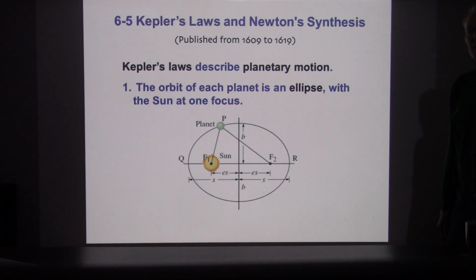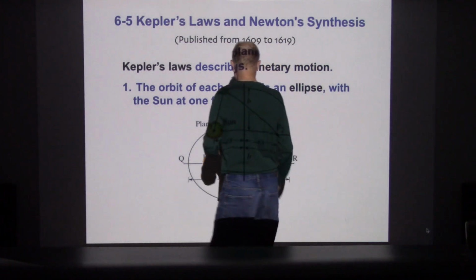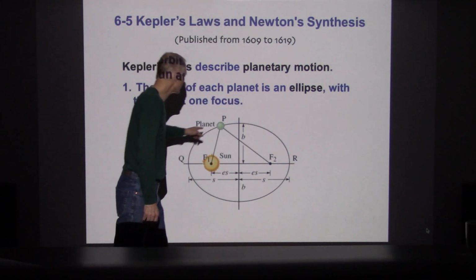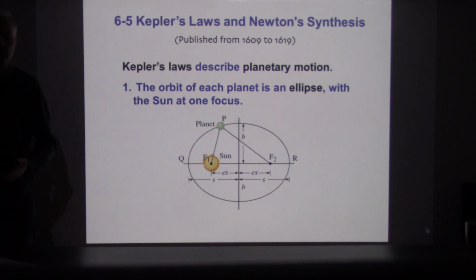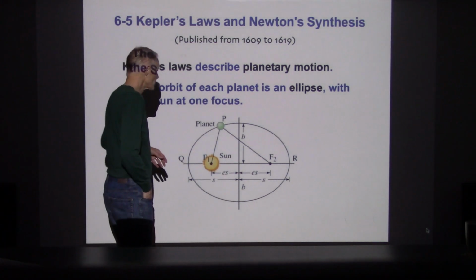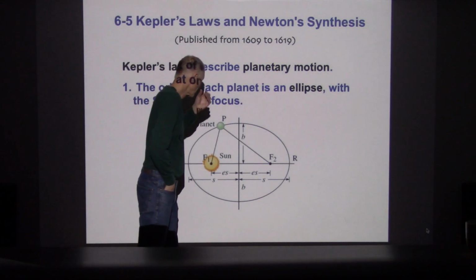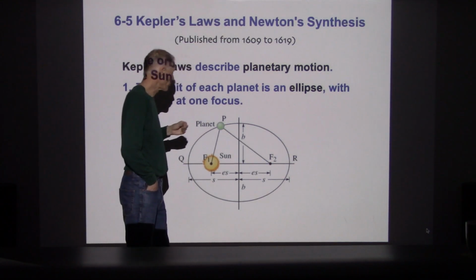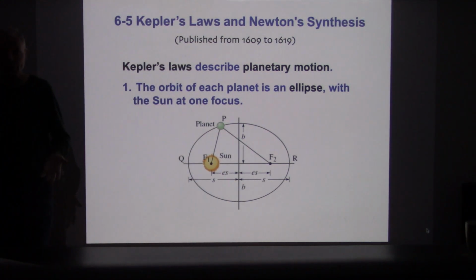So people had been studying geometry for thousands of years, and along the way they had developed a pretty good understanding of properties of ellipses. And so for Kepler, this was an important way of thinking about what the geometric possibilities were, and it turns out it works.